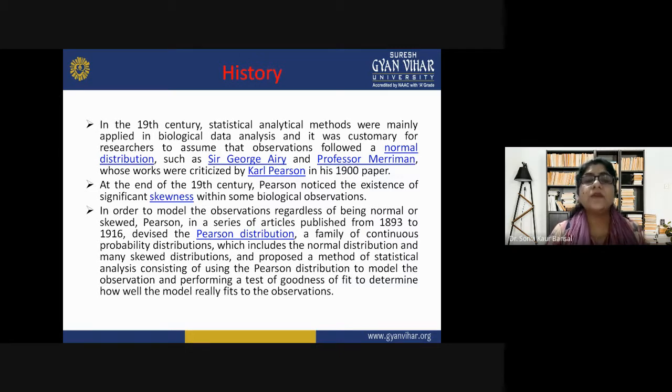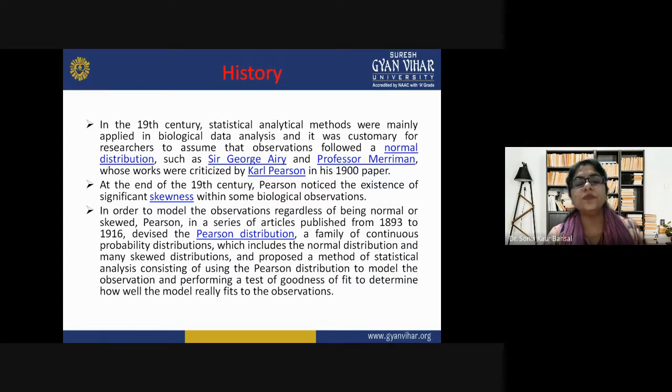At the end of the 19th century, Pearson noticed the existence of significant skewness in some biological observations also.